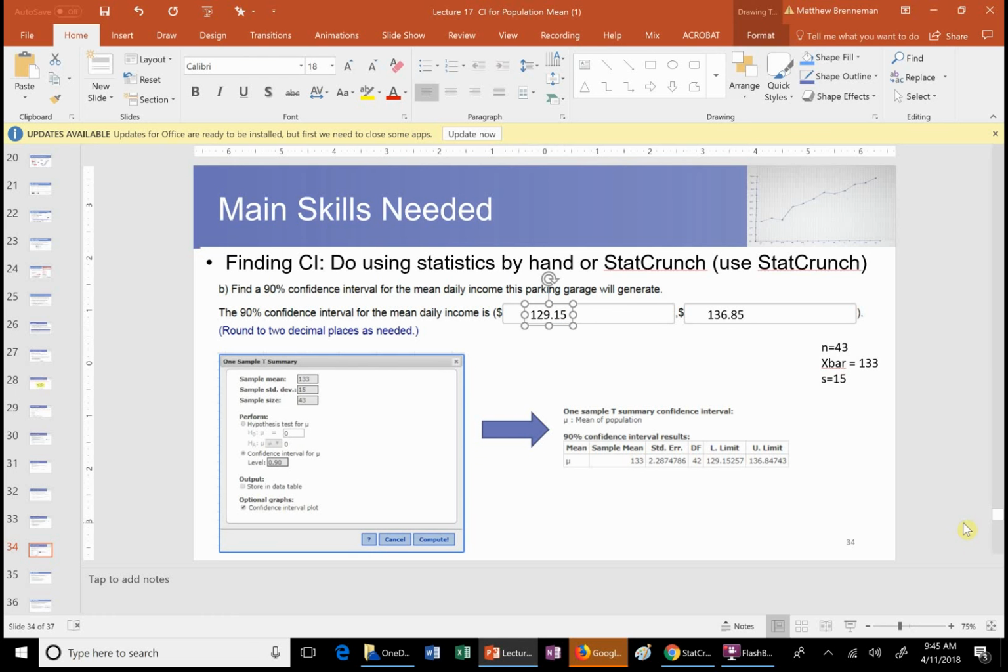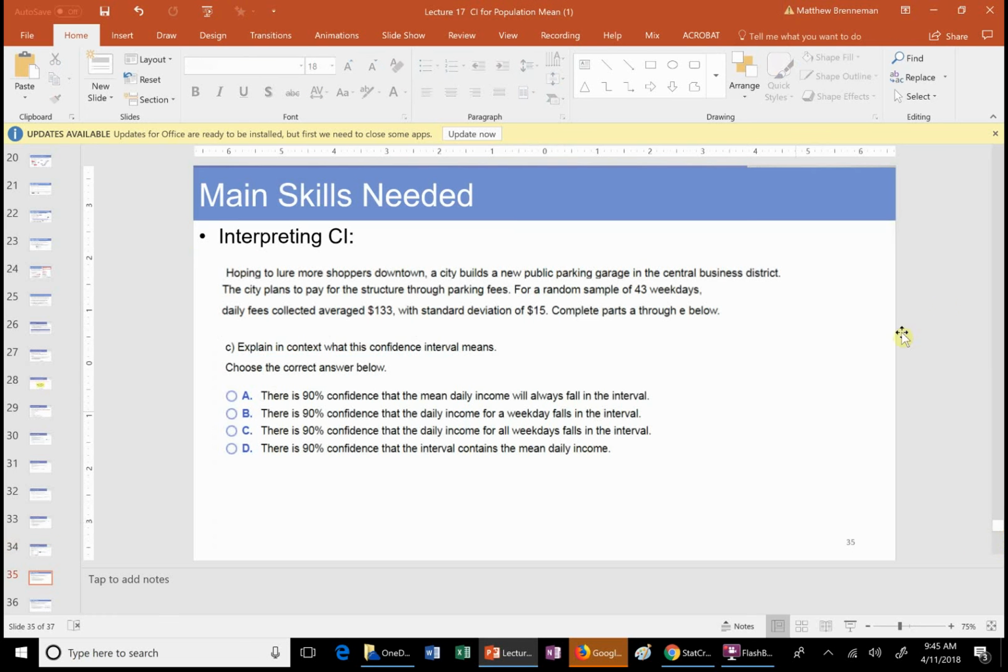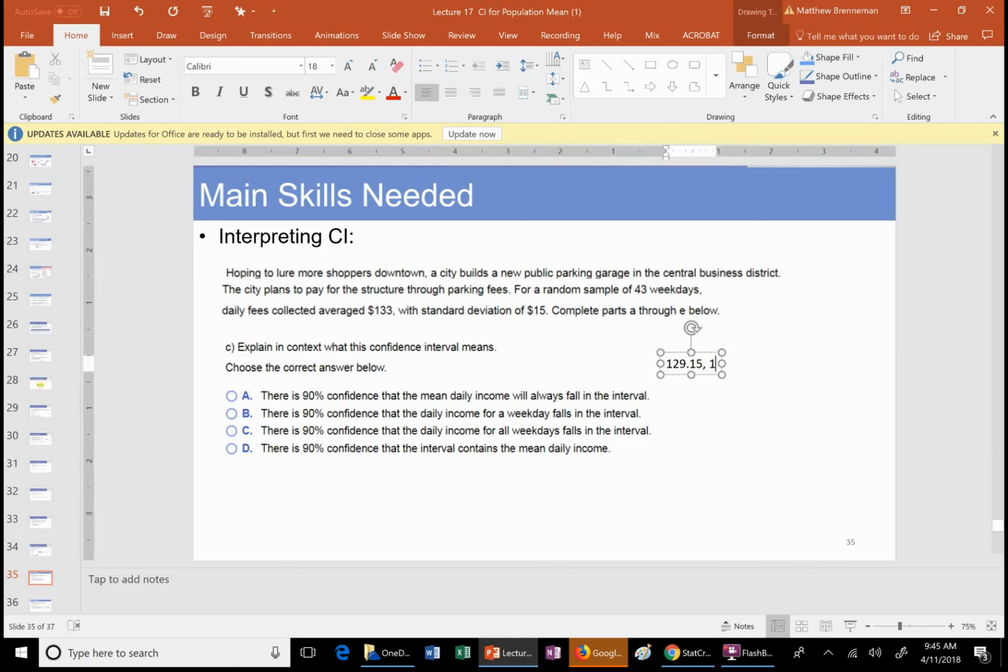So when they say this interval, this is what they're referring to. This is the 90% confidence interval that I got using one particular data set.